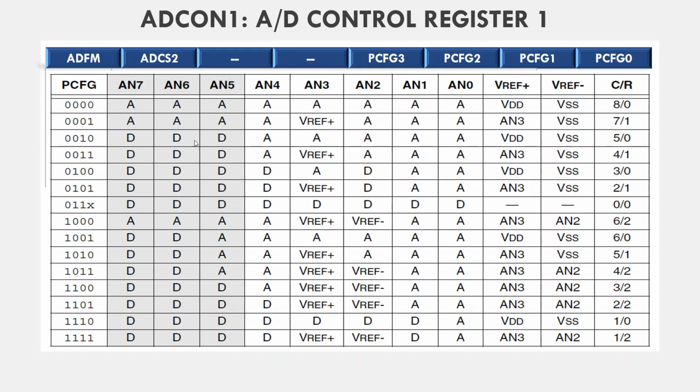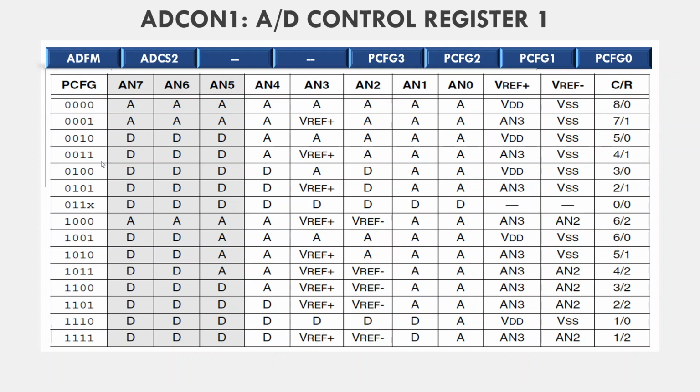The next mode is 0011, where channels 7, 6, 5 are configured as digital IO, channel number 4 is analog, channel number 3 is V reference plus, and all the rest of the channels are configured as analog channels. So the total number of channels available in this mode is 4, and the total number of reference pins is 1.